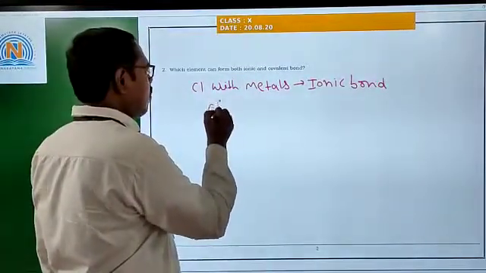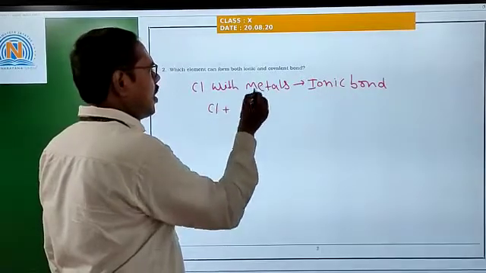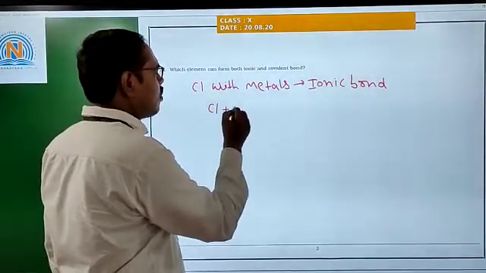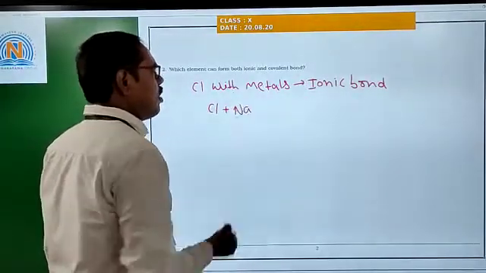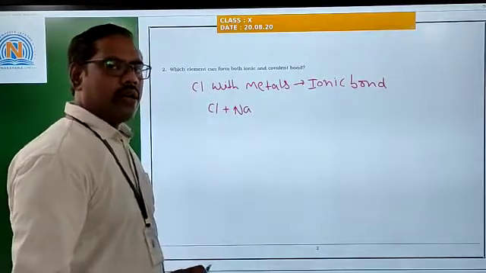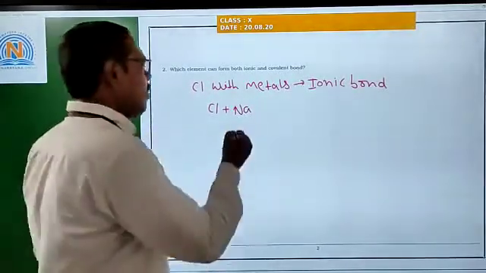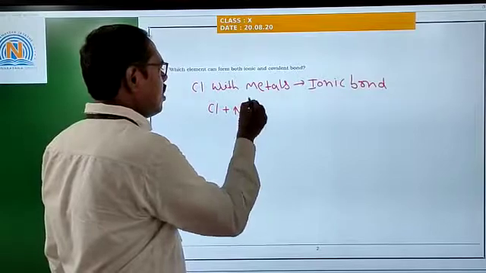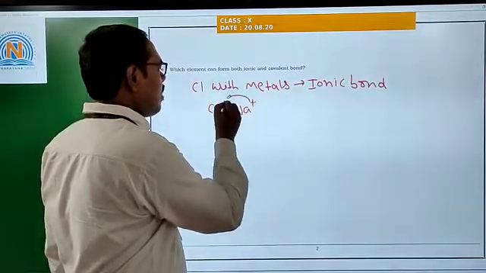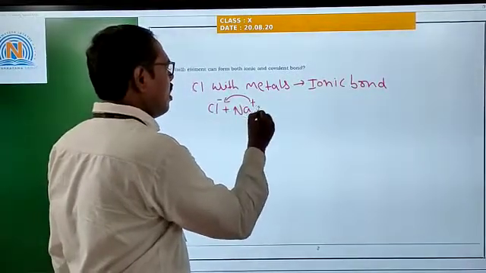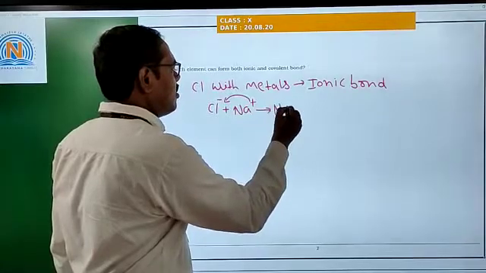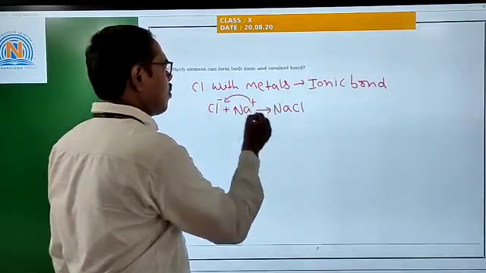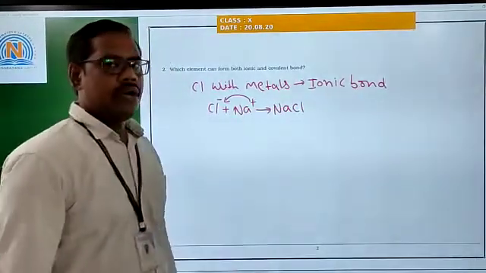For example, chlorine plus the metal sodium. Sodium loses the electron, chlorine gains the electron. The electron lost by sodium is gained by chlorine, and this forms NaCl. Between the sodium and chlorine, an ionic bond is formed.